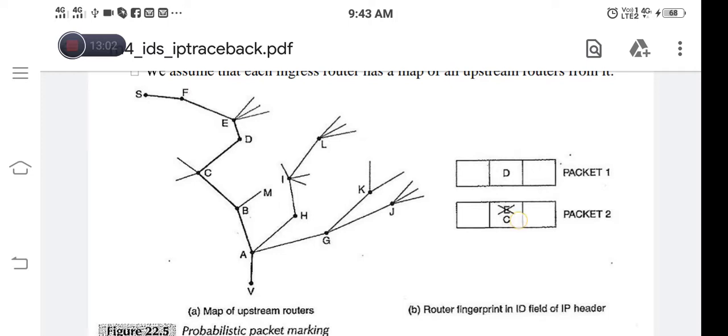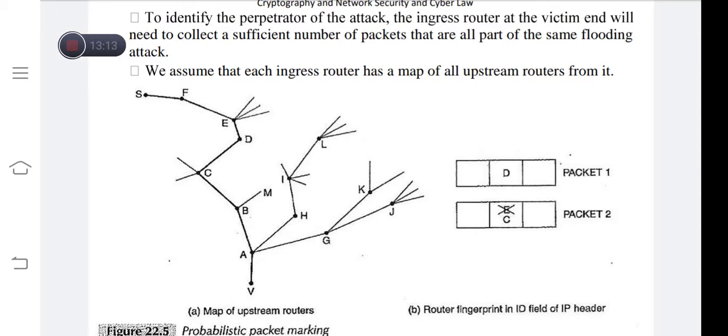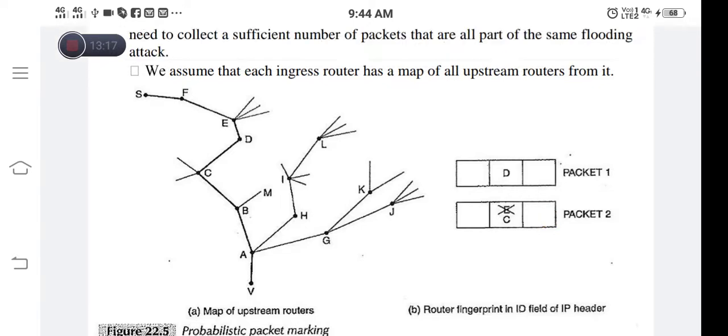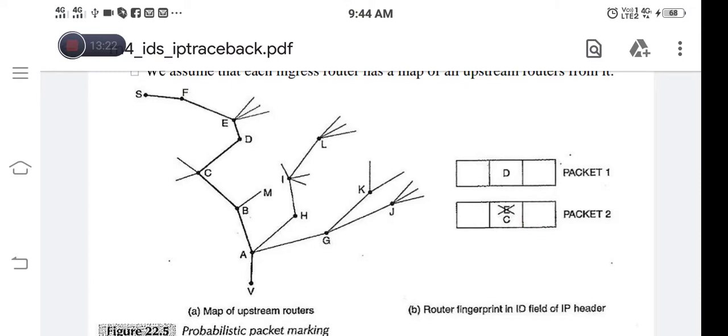The victim will analyze that this packet 2 is from the attacker, right? So that is the advantage of overwriting the IP field with the fingerprint of the router information, to construct the path of the attack.